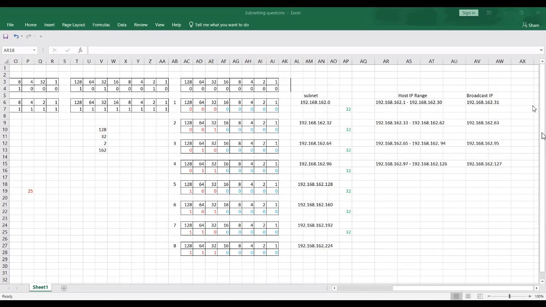But as I said earlier, there is no restriction on using class B and class A addresses for any organization. In other countries, multinational companies and big companies sometimes have a large network which is subnetted for different departments and divisions. So there they use class B and class A addresses as well.